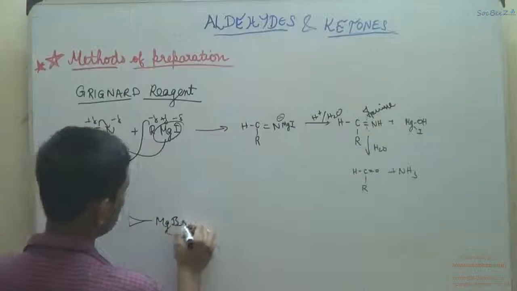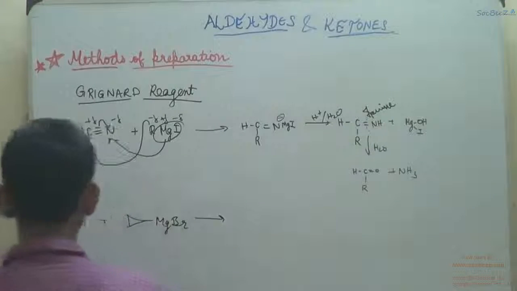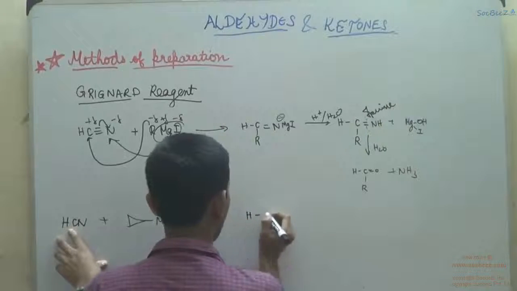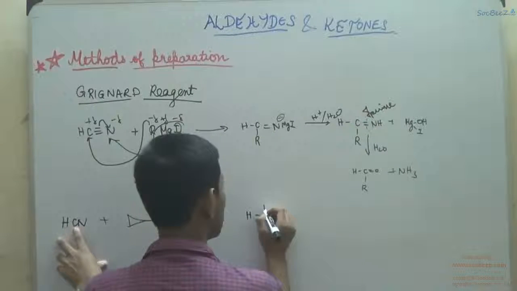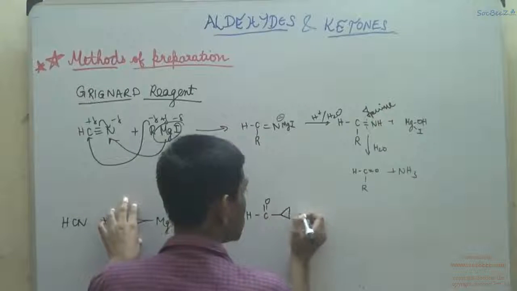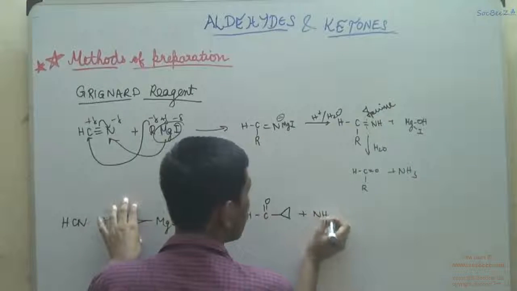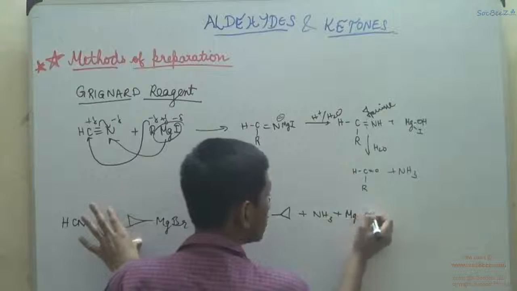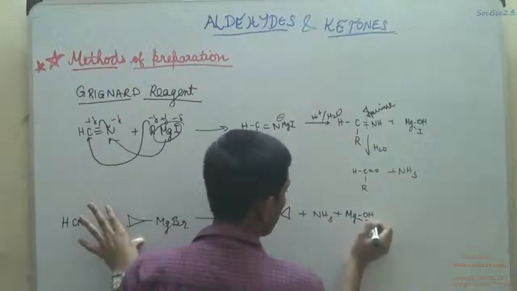So I'm using this compound. What will you get as the product? You'll have this C, double bond O, plus these groups get attached, plus ammonia, plus Mg(OH)Br.